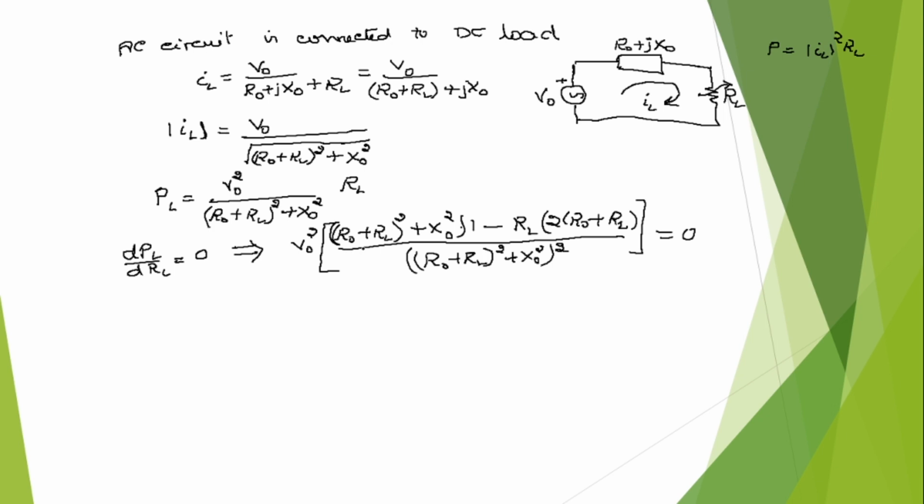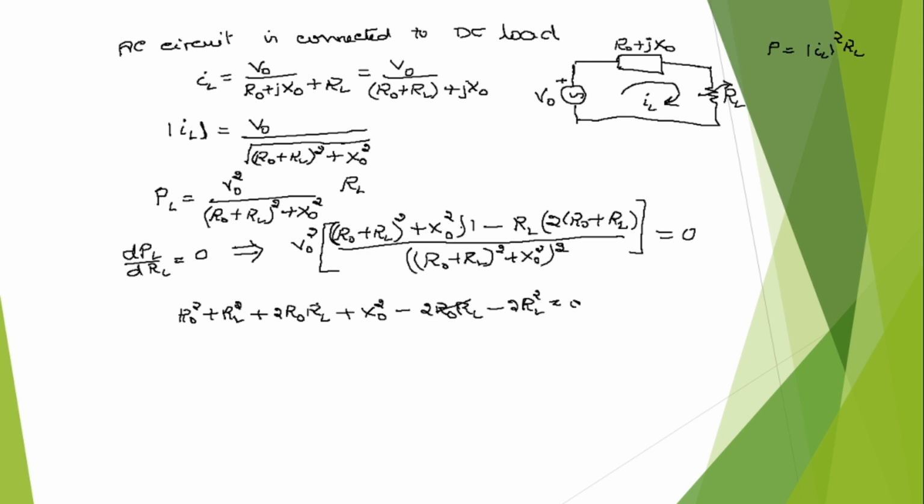So similar to previous concept, this is 0 only when numerator is 0. So that is R naught square plus RL square plus 2 R naught RL plus X naught square minus 2 R naught RL minus 2 RL square equal to 0.